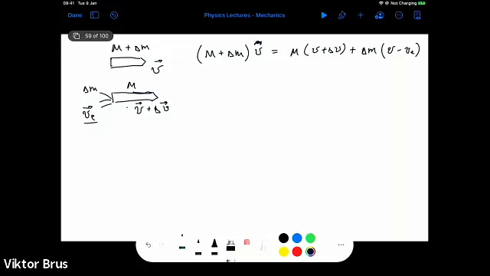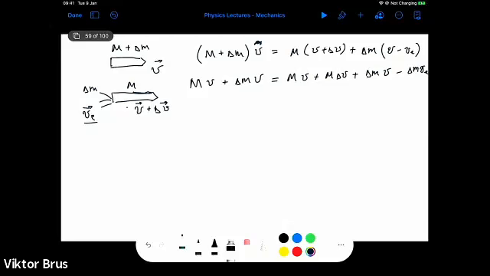Okay, so now let us open this parenthesis and see what we get afterwards. Capital MV plus delta MV equals capital MV plus capital M delta V plus delta MV minus delta MV ejected.